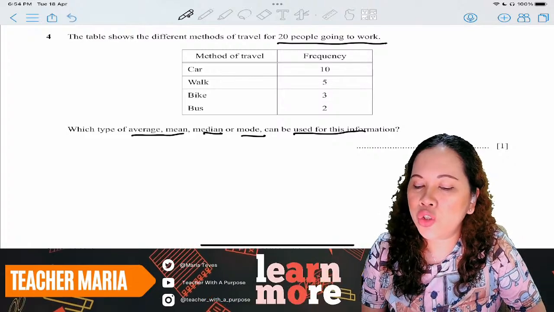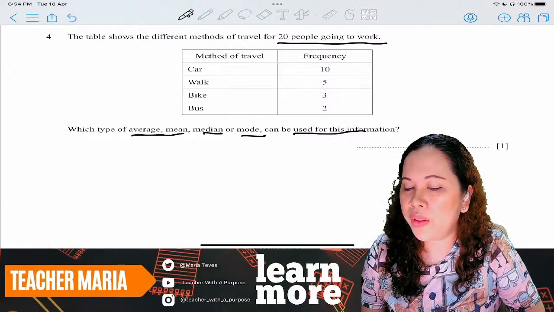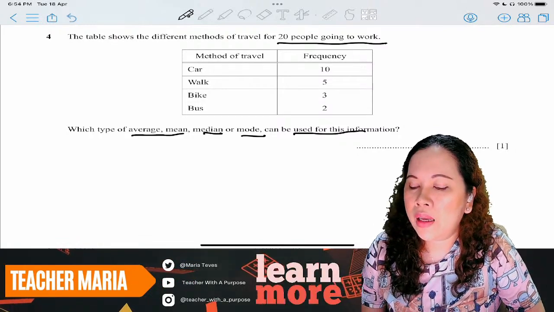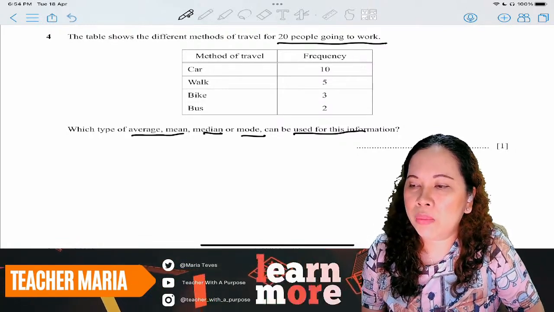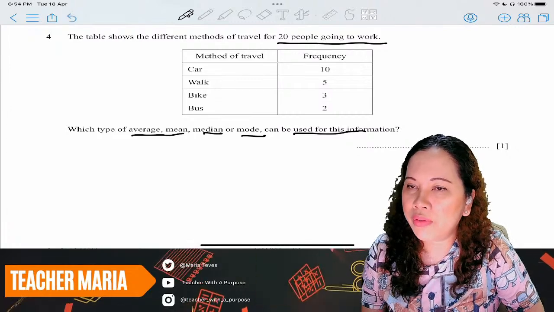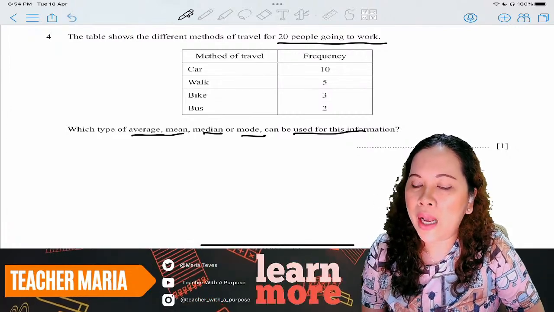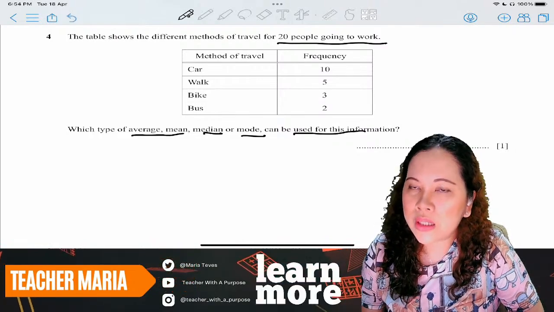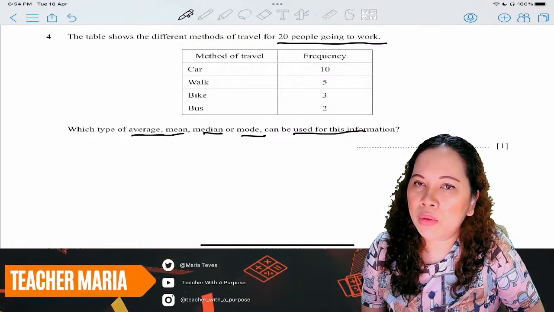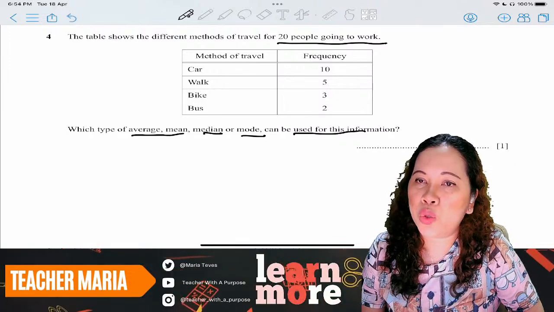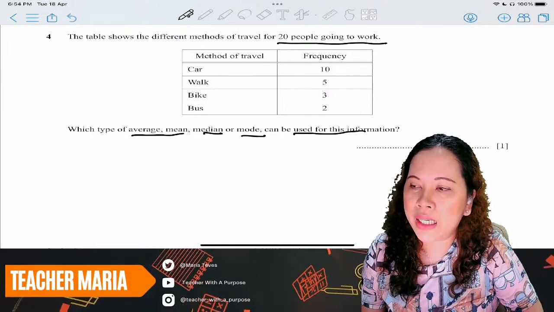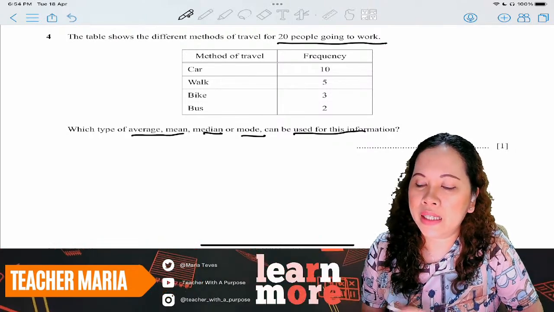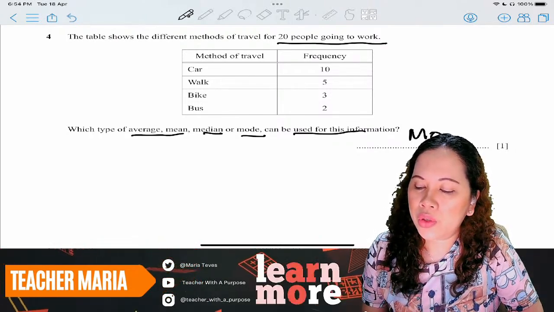Since you are asked for the method of travel, you have to use either mean, median, or mode, whichever will be more effective in explaining your type of data. Then you should use a mode.